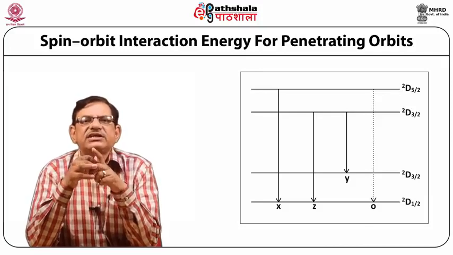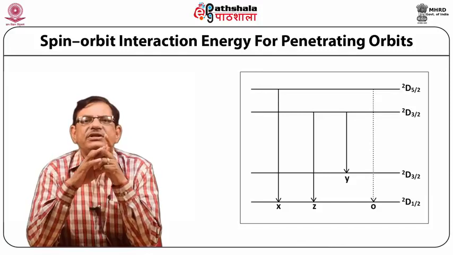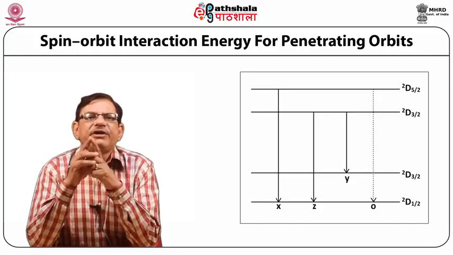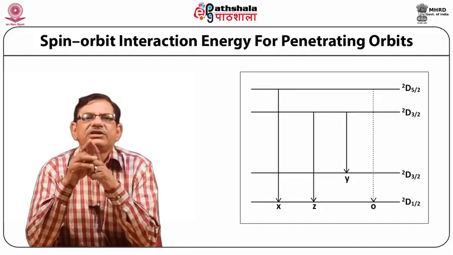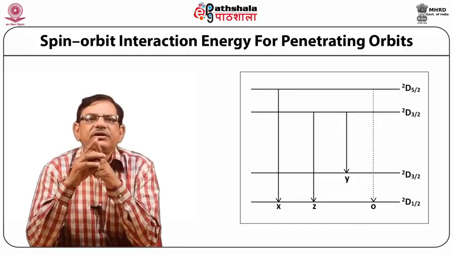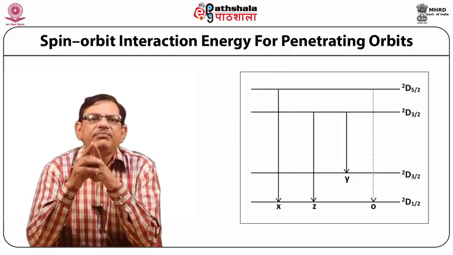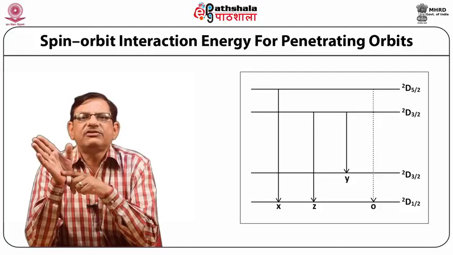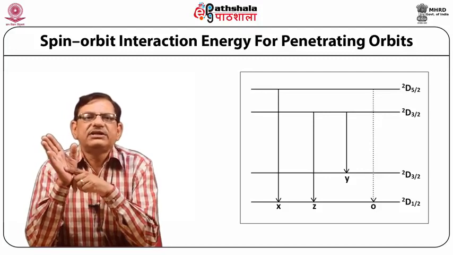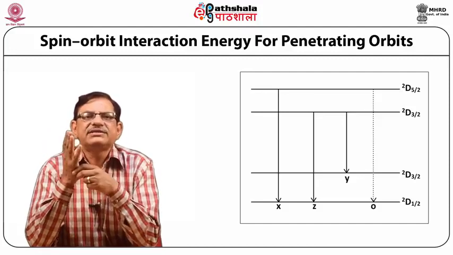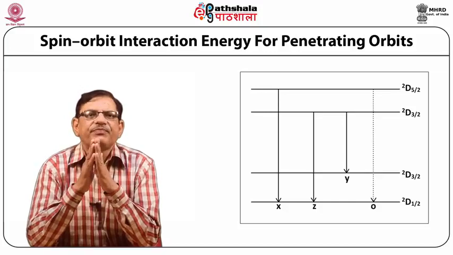Conclusively, the transitions are 2d 5/2 to 2p 3/2, 2d 3/2 to 2p 3/2, and 2d 5/2 to 2p 1/2, which is a forbidden transition with 0 intensity, and 2d 3/2 to 2p 1/2. In 2d 5/2 to 2p 3/2 and 2d 3/2 to 2p 1/2, delta J is equal to delta L is equal to plus 1, that is, changes in J and L are in the same way, therefore intense lines arise from these transitions.